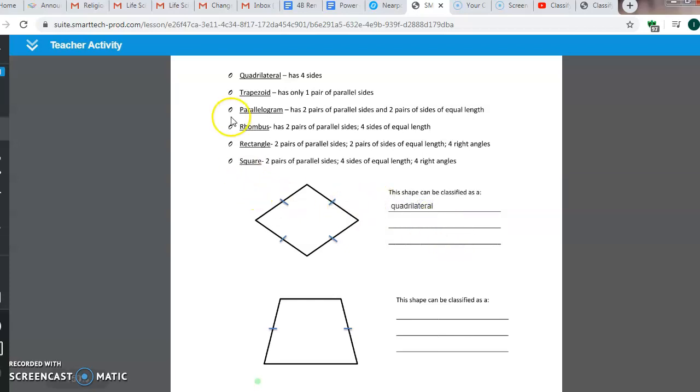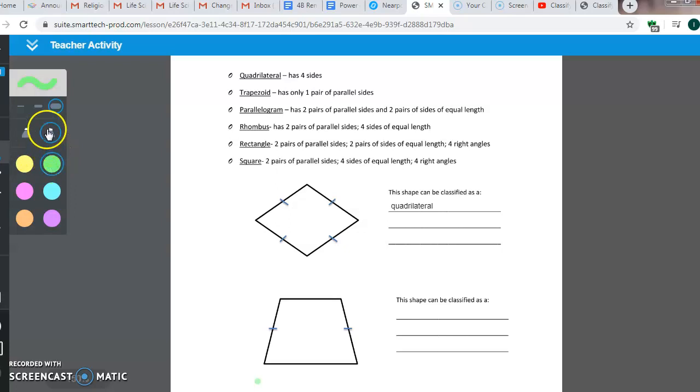Okay, then next we're going to go to our second definition and ask ourselves, is this shape here a trapezoid? Well, trapezoids have only 1 pair of parallel sides. So in order to see how many pairs of parallel sides we have, I like to do a little test. I'm going to use the highlighter, but in your books or on a paper, you could do this with a pencil.